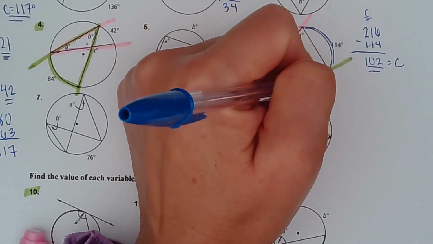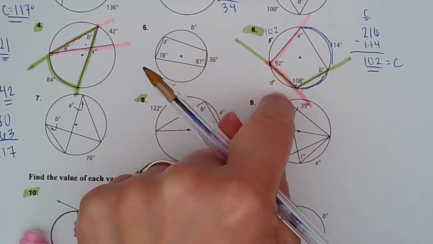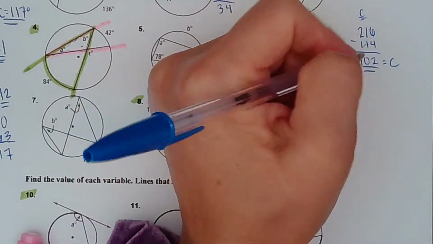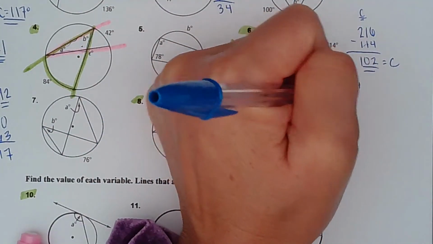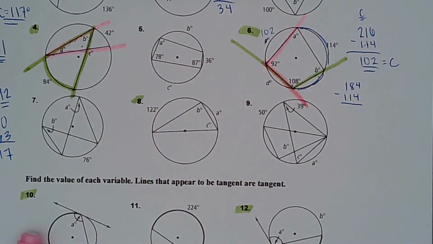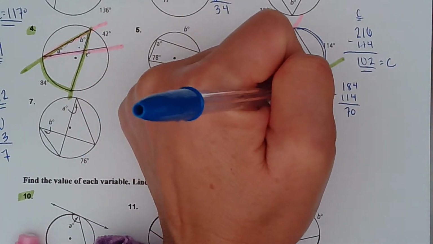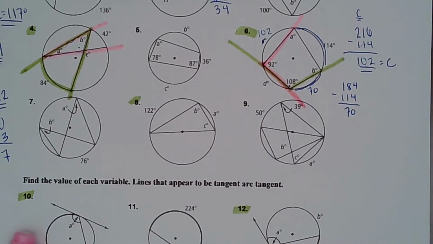So to find this piece right here, which is going to help me find A and D, I'm going to go ahead and do 184 minus 114. And I will get 70. So I know that this little piece right here is 70.